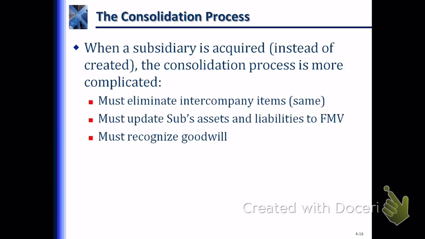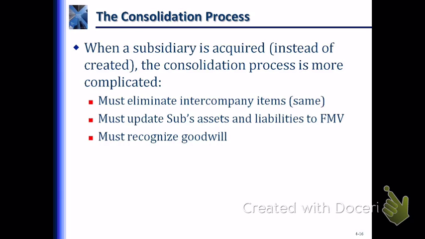So when you have a subsidiary and we do the consolidation, in addition to eliminating the book value, we have to eliminate intercompany items. We also have to now update the sub's assets and liabilities to fair market value, because now we're no longer putting the restriction on that book value is equal to fair value, because that's incredibly unrealistic.